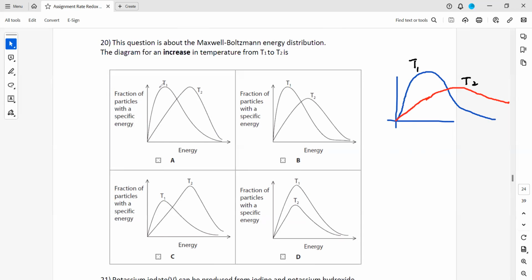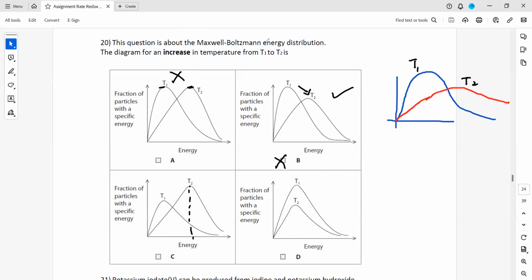When we check this one, the peak height is not changing, so this cannot be the answer. Here the peak decreases and it shifts towards the right-hand side, so B is the answer. Why not C? C shows that the total area is changing.